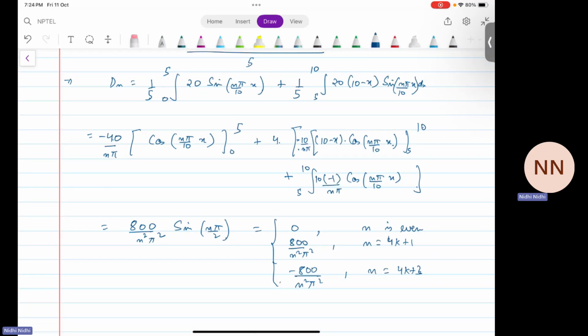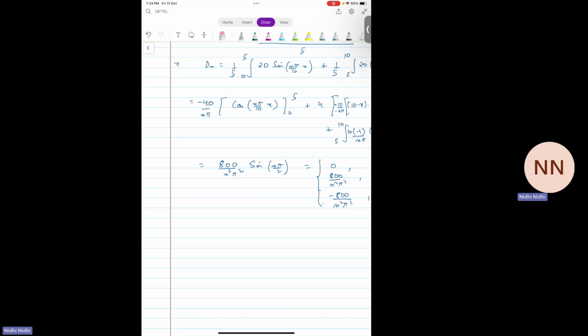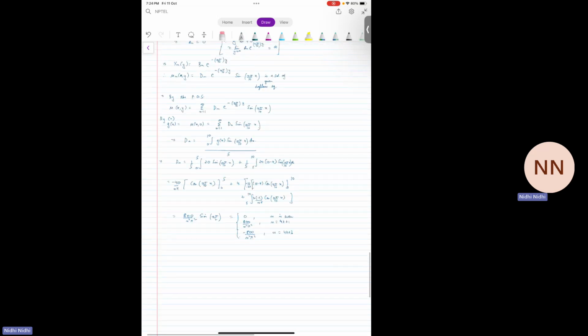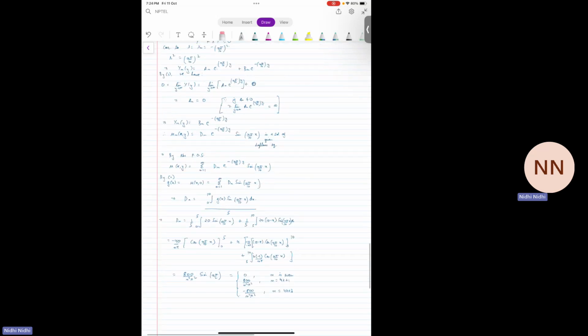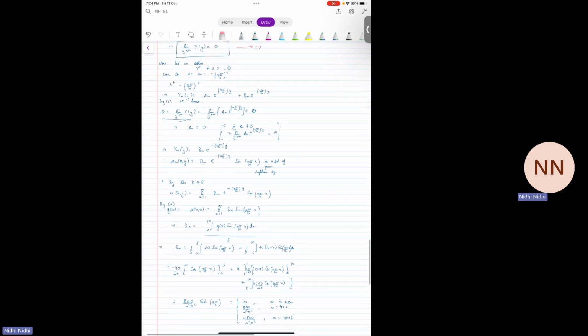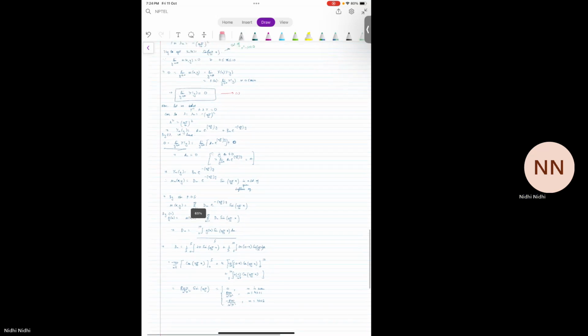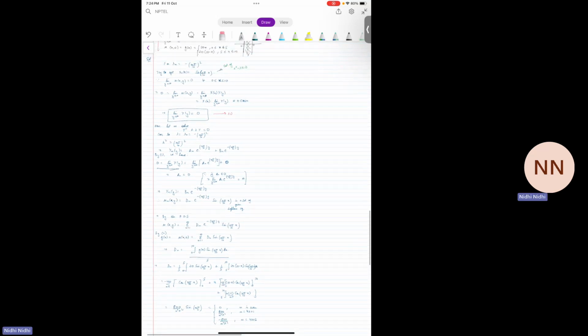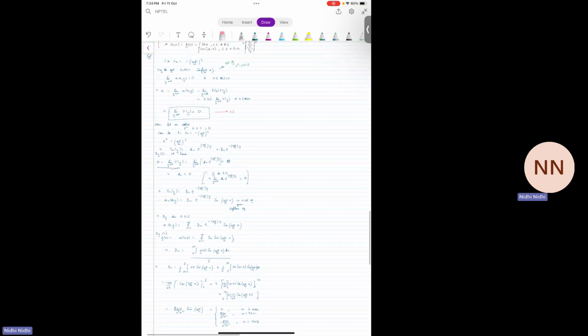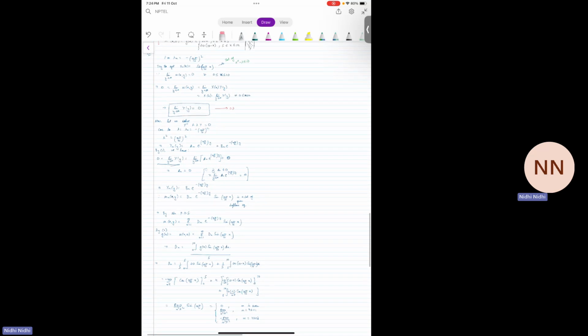You can just go through this integral once again. So the main important thing was to understand this limit boundary condition. The rest of the things were similar to what we have been doing in earlier questions. Just be careful about the calculations. Go through the solution once again. If you have any doubt, please let me know.